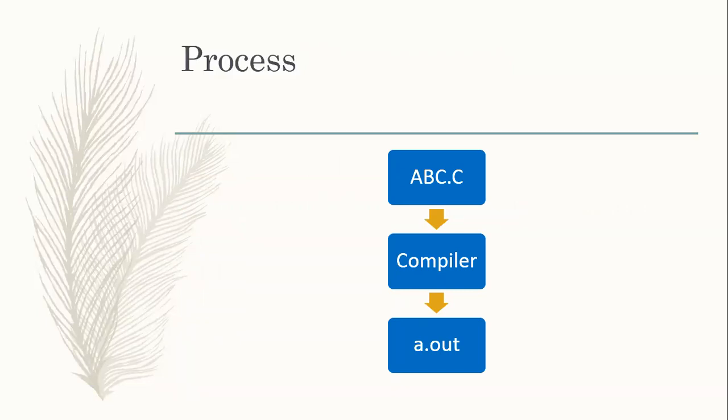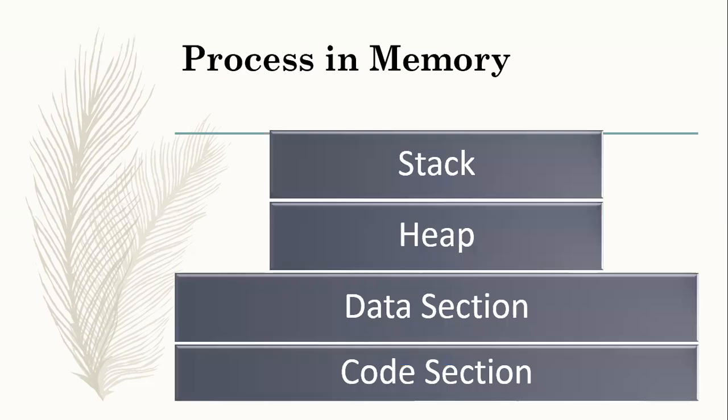So after compilation, once the a.out or exe file gets generated, we move this file for execution. Once we execute this a.out file, how does it get stored in memory?